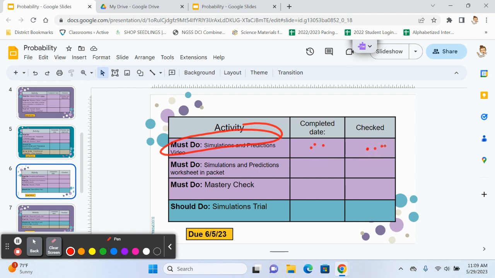Then you're going to move on to the simulations and predictions worksheet that's in your packet, which is right behind what you're working on now. Then you are going to do a mastery check. If you still have time or if you're ahead, come see me for the simulations trial after I have initialed here. So please make sure you know exactly what you're supposed to be doing next.